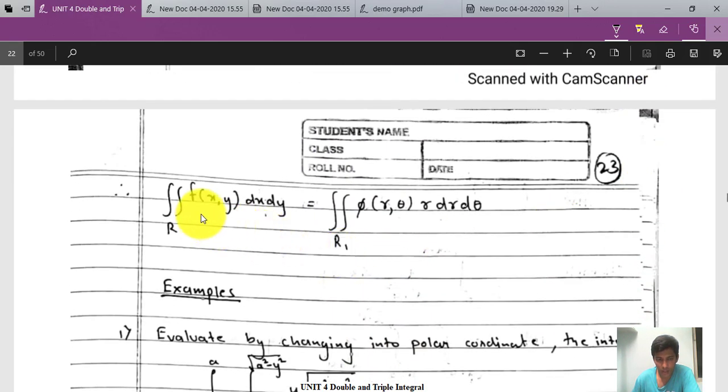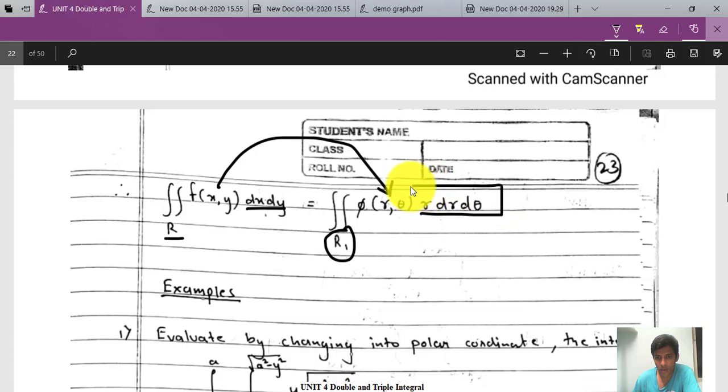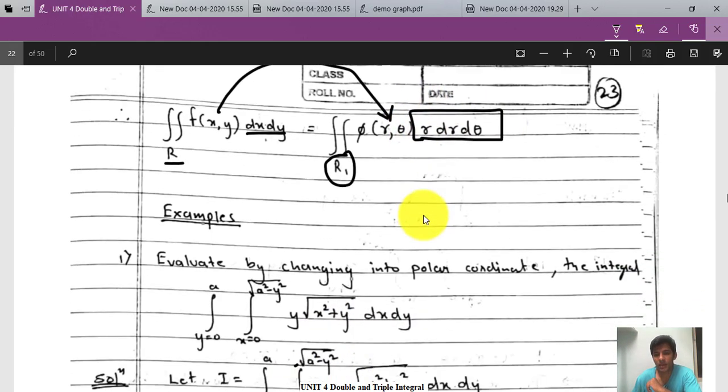Therefore, after the change of variable from f of x, y to f of r, theta, with the given new limits, dx dy changes to r dr d theta, which I have also explained in the above concept.